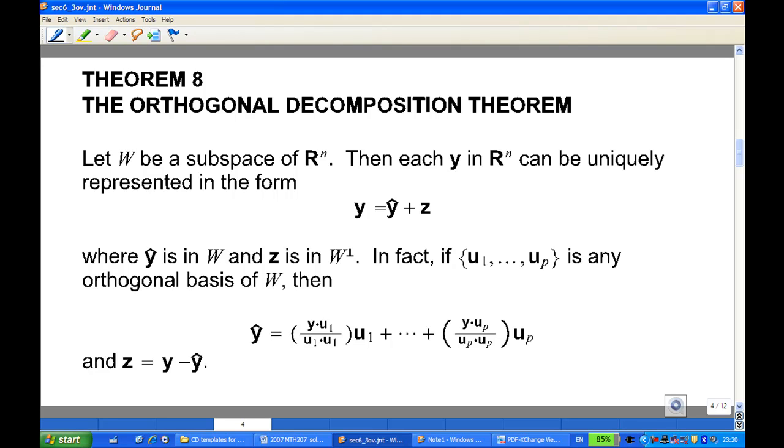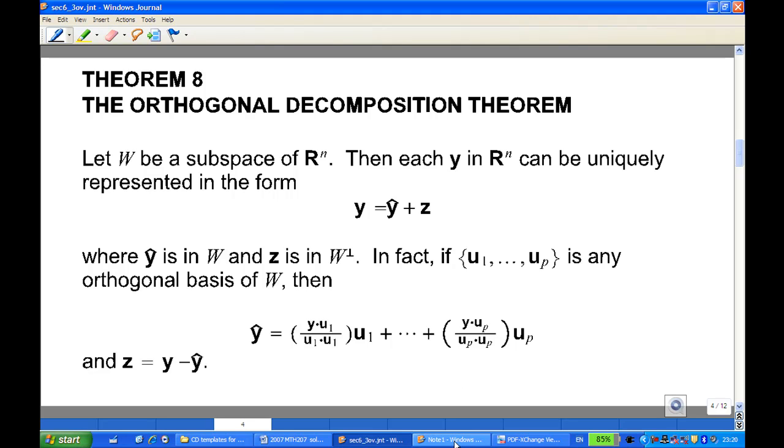In fact, if u1 to up is any orthogonal basis of W, then y cap is a combination of u1 to up using the dot products, and z will be just y minus y cap.